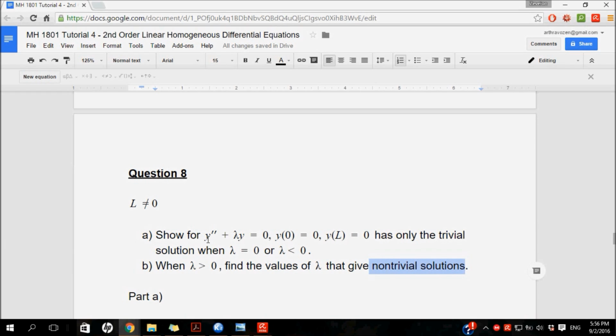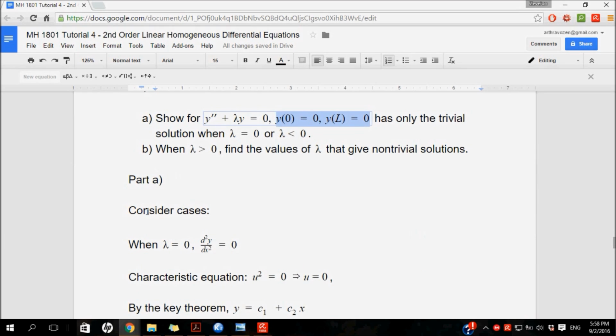As you can see from our differential equation, the trivial function y equals to 0 is indeed a solution to this differential equation.